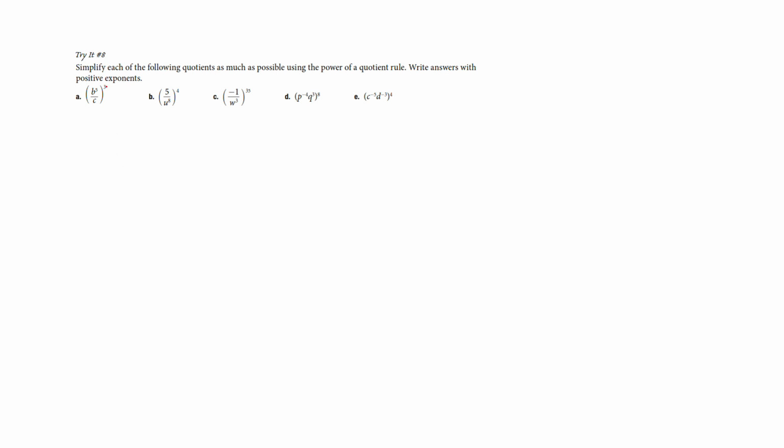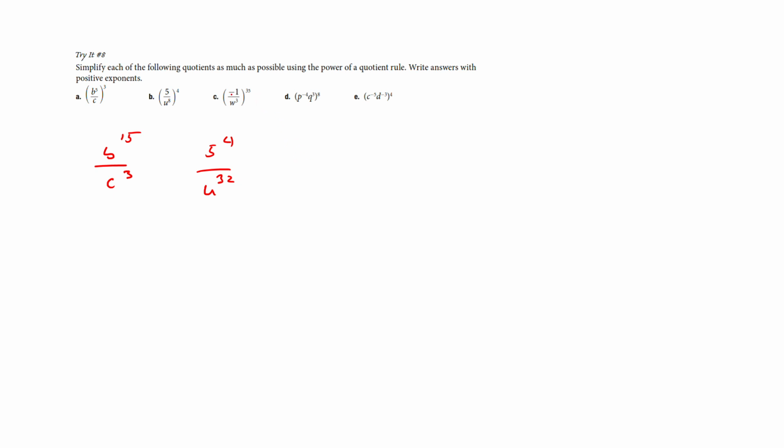Okay, I'm giving this third power to both the top and the bottom, so I've got b to the 15th over c to the third. Now, on this one, I'd have 5 to the 4th over u to the 32nd. Now, I could find this number, but 125 times 5, what is it, 575, I think.